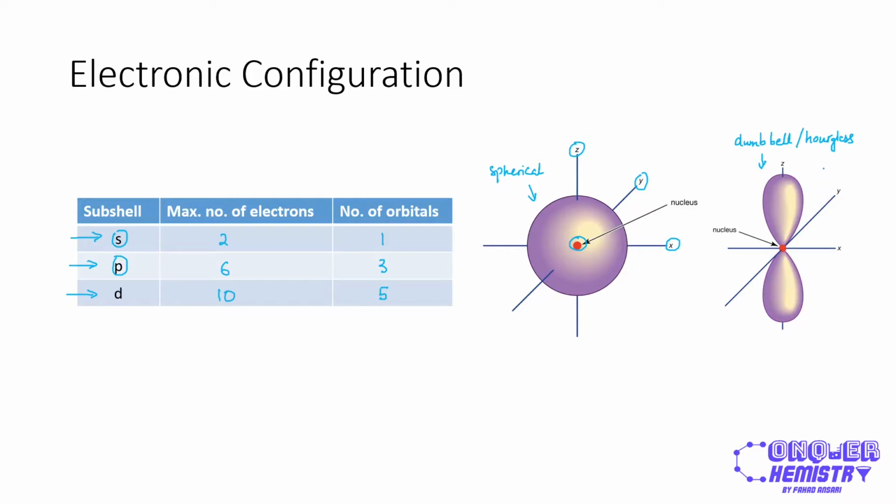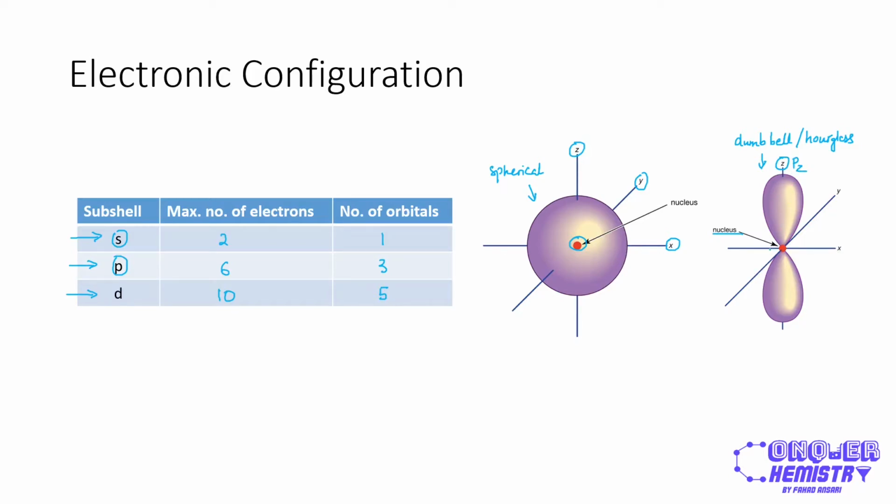Well, an infinity sign again is a flat shape, it's not 3-dimensional. So it's better to call it either a dumbbell or an hourglass shape. All right, we have a nucleus at the center, as always, and this particular p orbital is lying on the z-axis. So we're going to call this the pz orbital.